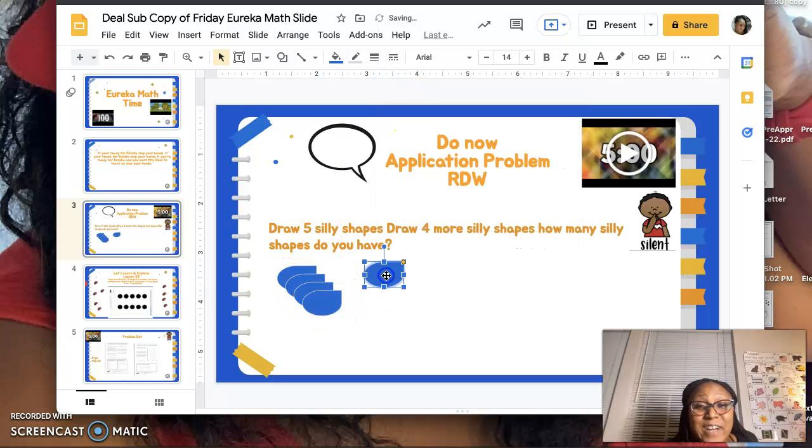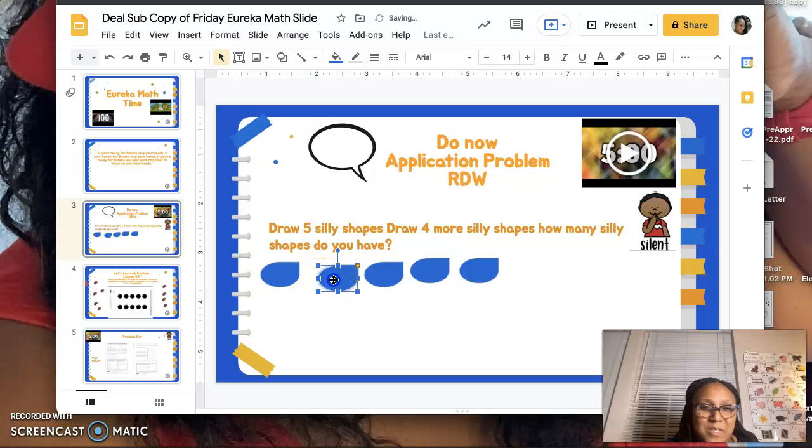One day I'll teach you how to do this when everybody brings their computer. So there are my 5 silly shapes. 1, 2, 3, 4, and 5. 5 silly shapes. And now I have to draw 4 more.